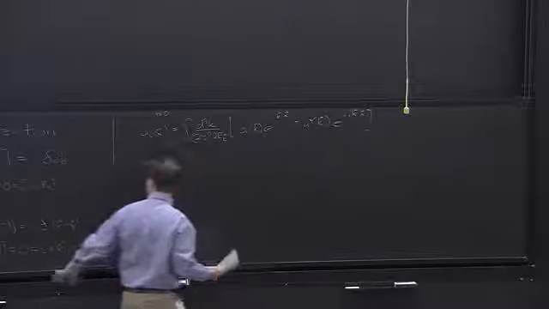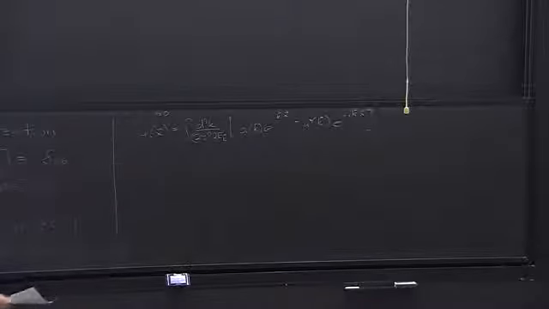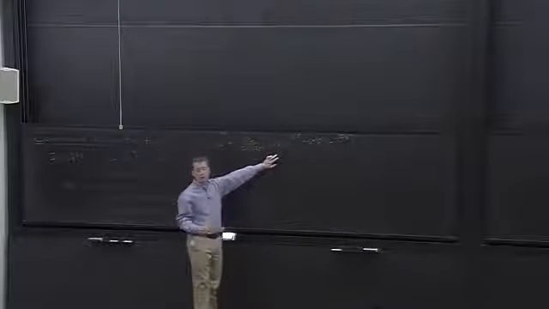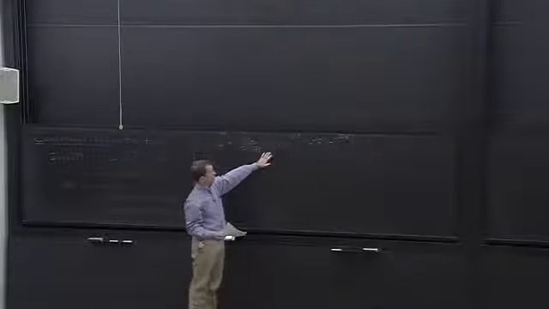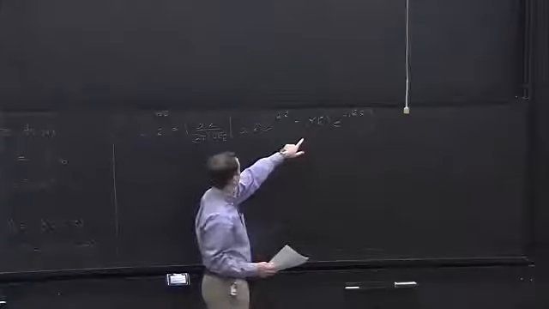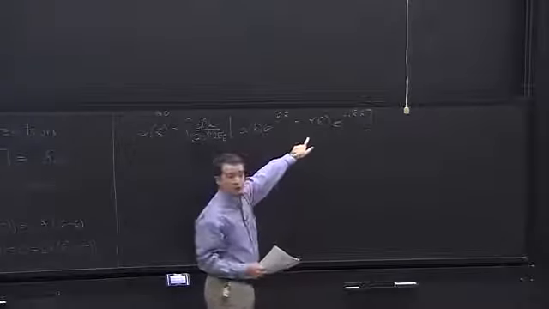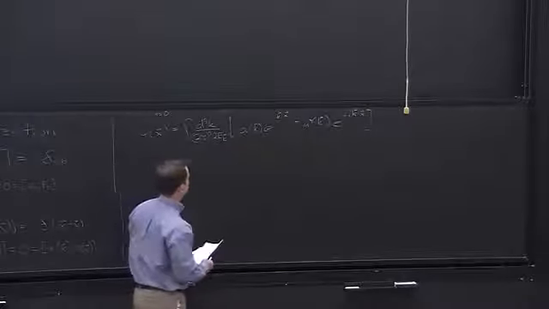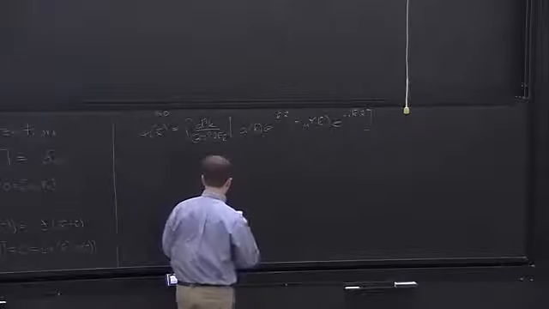And so if we're promoting the fields to operators, we need to promote something on the right-hand side of this equation to operators. And the natural choice is to promote the functions a and a star to operators, creation and annihilation operators, a and a dagger.